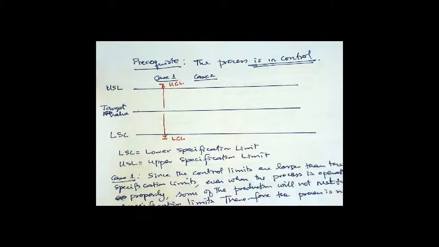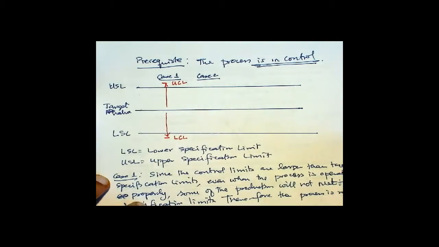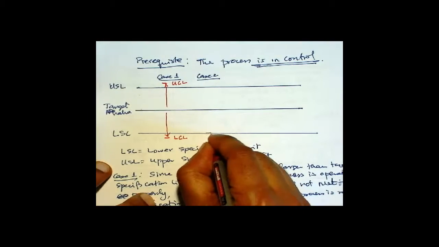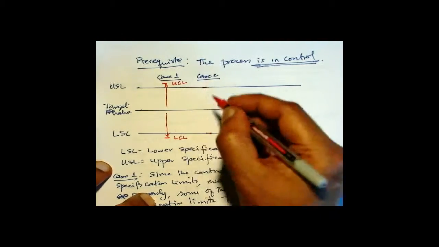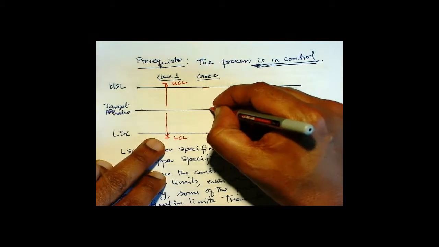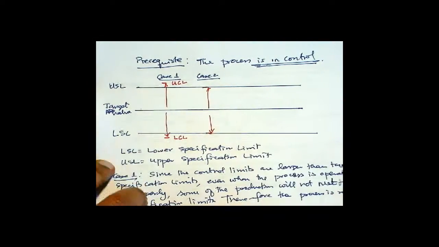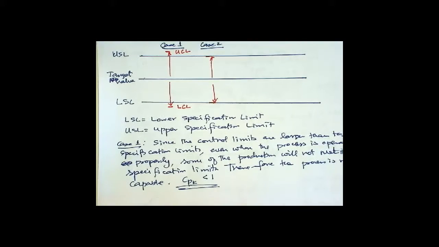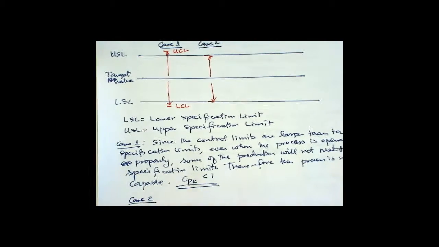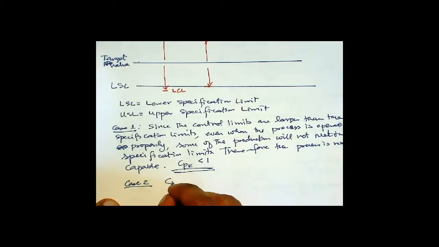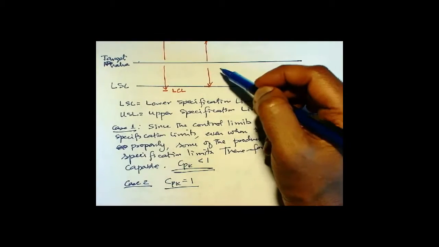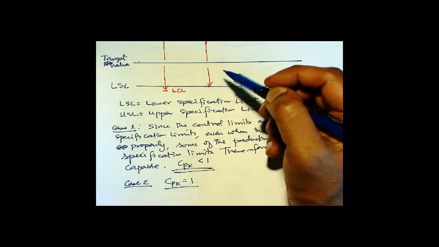Case 2. Let's suppose that under case 2, the control limits coincide with the specification limits. So this is the case where C sub pk will be equal to 1. That is, the numerator and the denominator are equal.